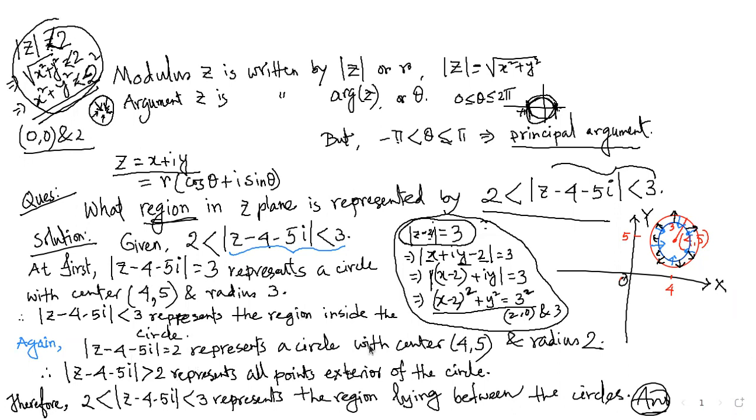Okay. And less than means inside the circle and greater than means exterior region of the circle. So these two equations represent combinedly the region lying between the circles.